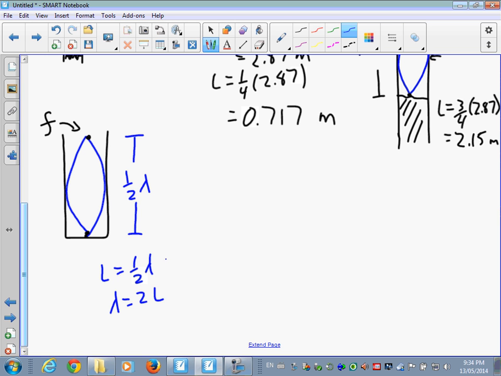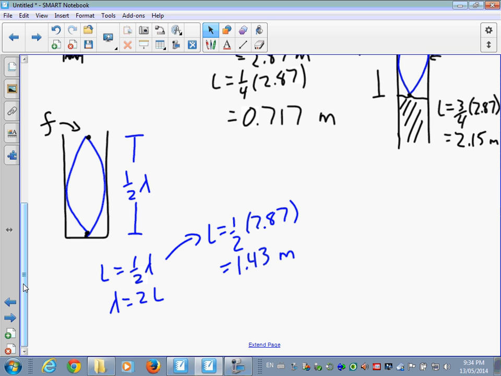We already know what lambda is, so the length would be 1/2 of the 2.87 meters, or approximately 1.43 meters. So at 1.43 meters, the sound coming from inside the tube would essentially disappear. That would be destructive interference.